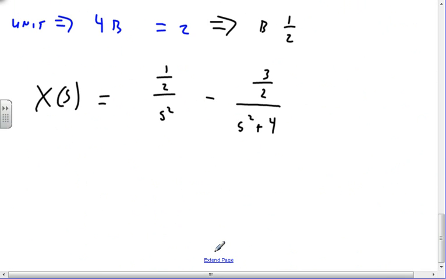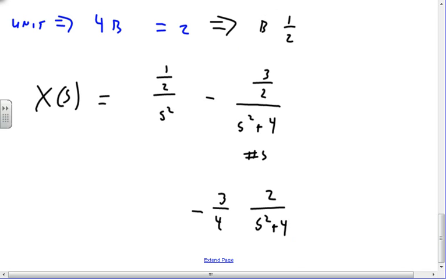Now I'm going to manipulate some. I look at my Laplace transform table. I don't like 3/2 over s squared plus 4, but I'd really like to have 2 over s squared plus 4. So I'm looking at number 8, and I'm saying, well, if this were 3/4 times 2 over s squared plus 4, wouldn't that be wonderful?